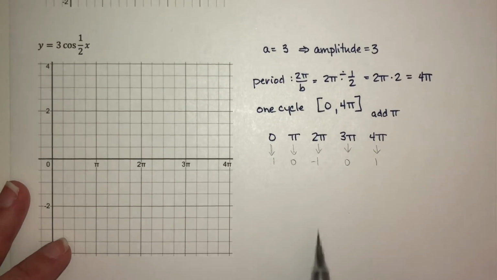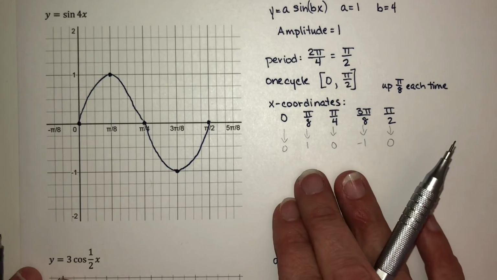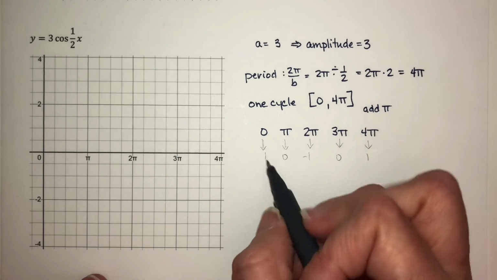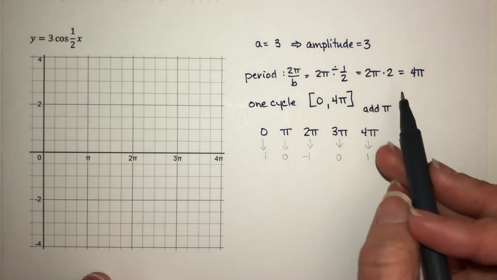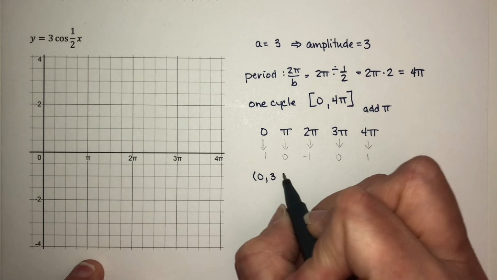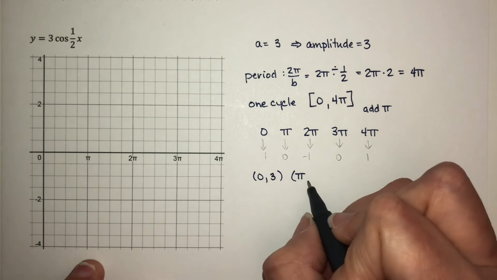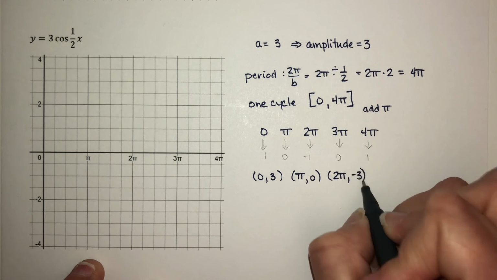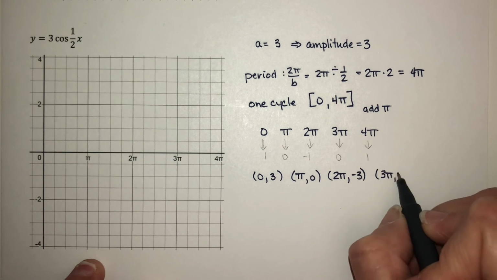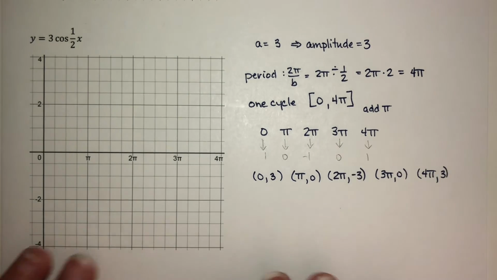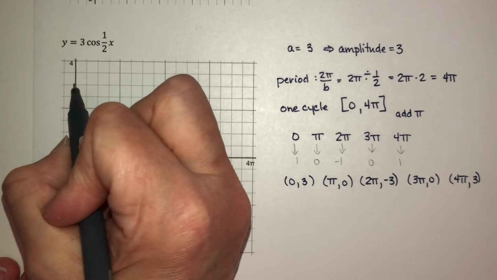Okay? Now up here, I was able to just plot these points because my amplitude was 1. But here, my amplitude is 3, so I need to plot these y values multiplied by 3. So I'm going to plot the points 0, 3, pi, 0, 2 pi, -3, 3 pi, 0, and then 4 pi, 3. 0, 3 is here.